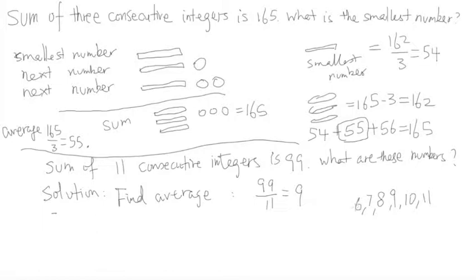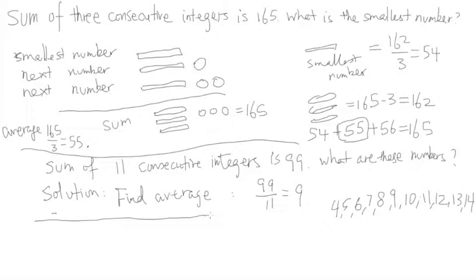So 8, 7, 6, 5, 4 on the left, and 10, 11, 12, 13, 14 on the right. For these problems, you could first find the average, then you will be able to figure out all the rest of the numbers.